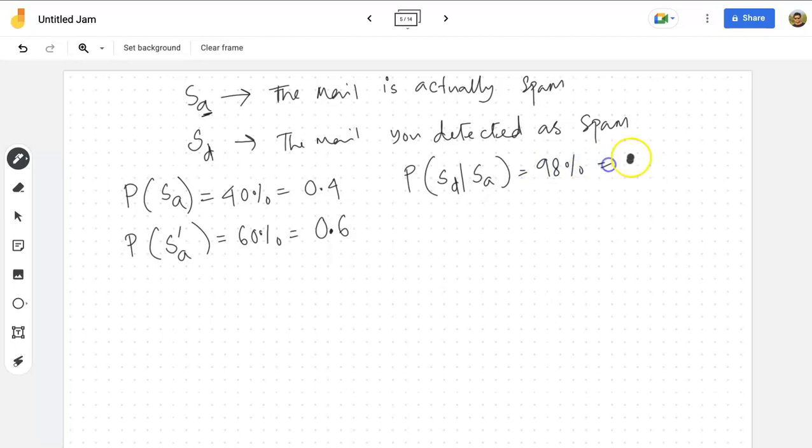So basically it is 0.98. I hope you understand the notation. This notation suggests that given it is actually spam, your software detected it as spam with probability 98%.